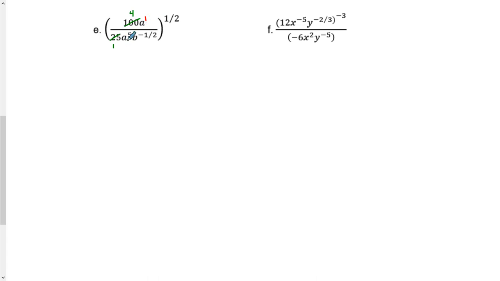Well, a to the power of 1, if we're dividing by a to the power of 5, well, that means that we're going to subtract those exponents. So what we're going to have here is 4, a to the power of 1 divided by a to the power of 5. So 1 subtract 5 is -4. Because I'm taking the 1 and I'm subtracting the 5, the negative does have to be applied to the numerator. Or sorry, that a has to go to the numerator. The base has to go to the numerator.